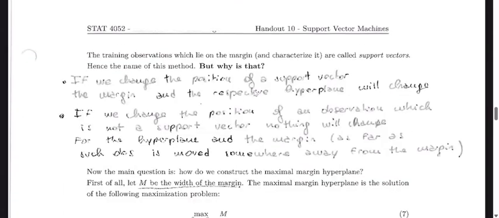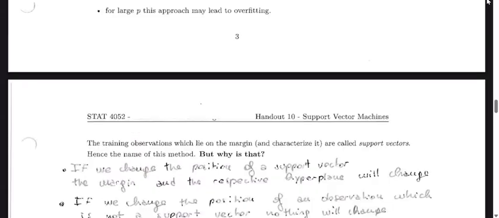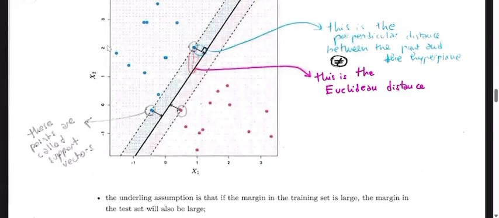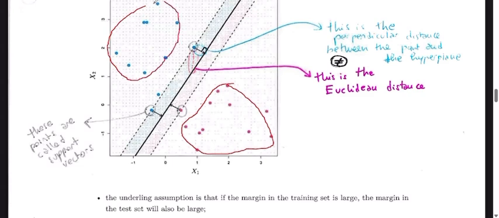But what if we change the position of other observations which are not support vectors, like all of these ones? They are not support vectors.